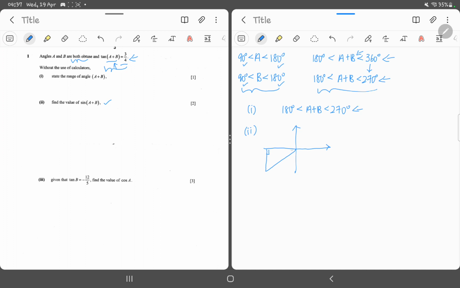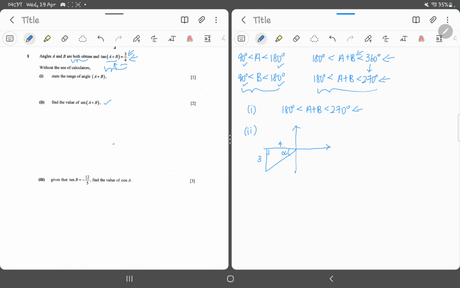So this is my basic angle, and based on the information given over here, tangent (A plus B) equals 3/4, which means that my opposite is 3 and my adjacent is actually 4.